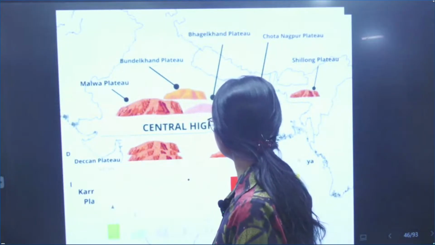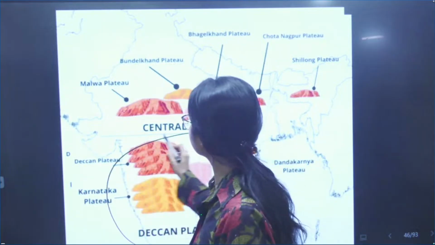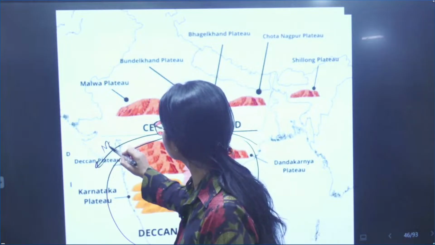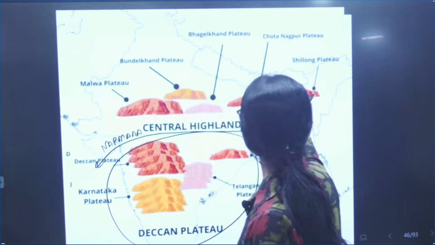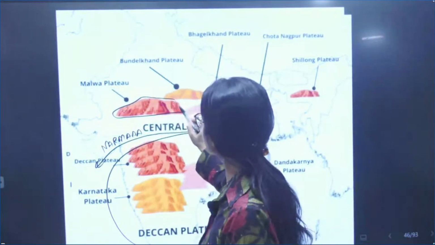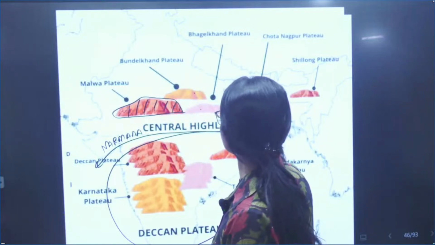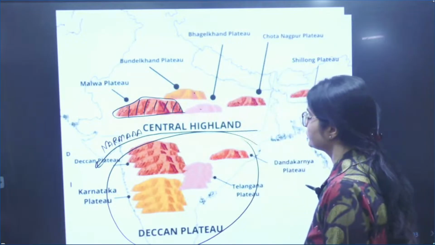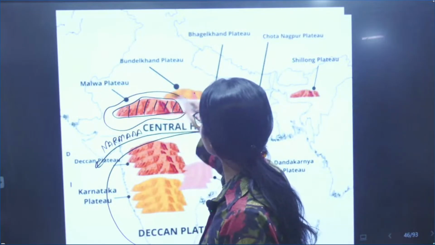The Central Plateau and the Deccan Plateau are divided by a river which we call the Narmada. What is the second point? Can you see the geographical space of the Malwa Plateau, which is much, much bigger than the other plateaus present in the same portion? That means the major chunk is Malwa.